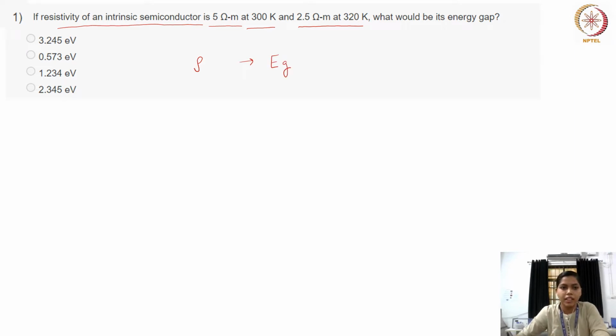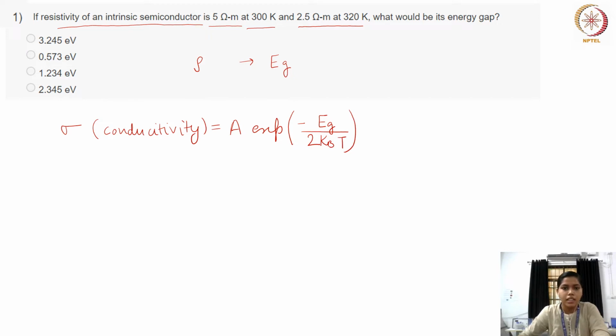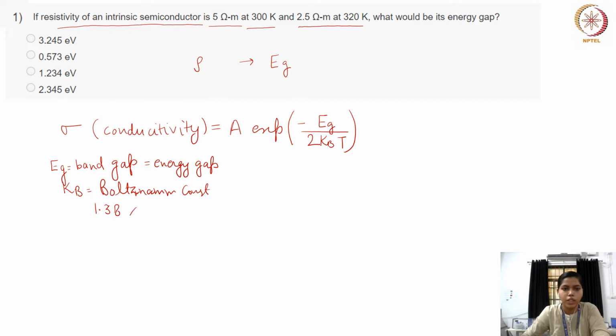We know that our conductivity, denoted by sigma, is given by A exponential of bracket minus Eg divided by 2kBT, where this Eg is your band gap, or you can say the energy gap, and kB is your Boltzmann constant, and its value is 1.38 into 10 raised to the power minus 23 joule per Kelvin.